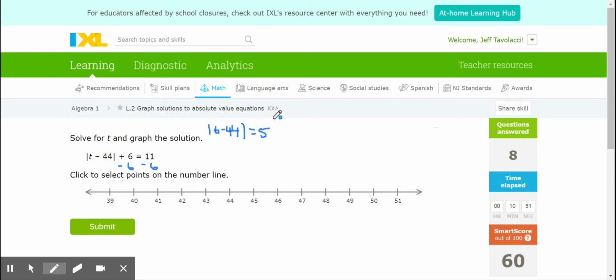Once the absolute value has been isolated, now we're going to set up each case. T minus 44 is equal to 5, or t minus 44 is equal to negative 5. Okay, we're adding 44 to both sides.